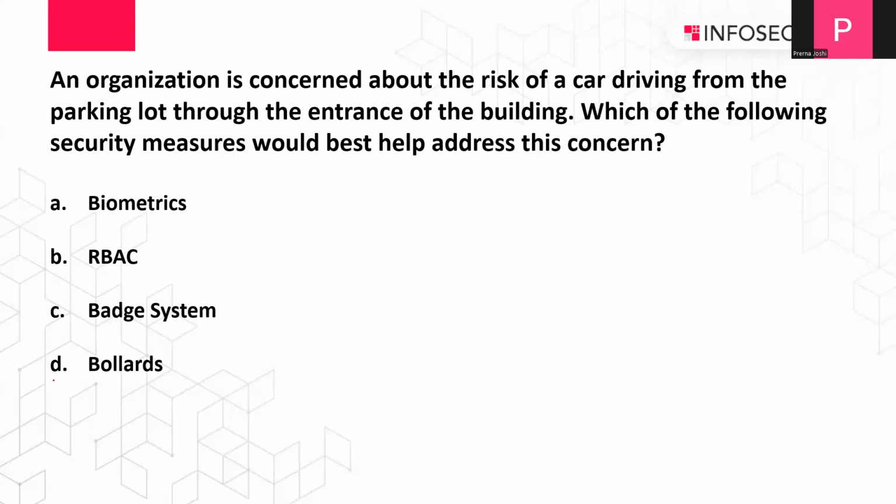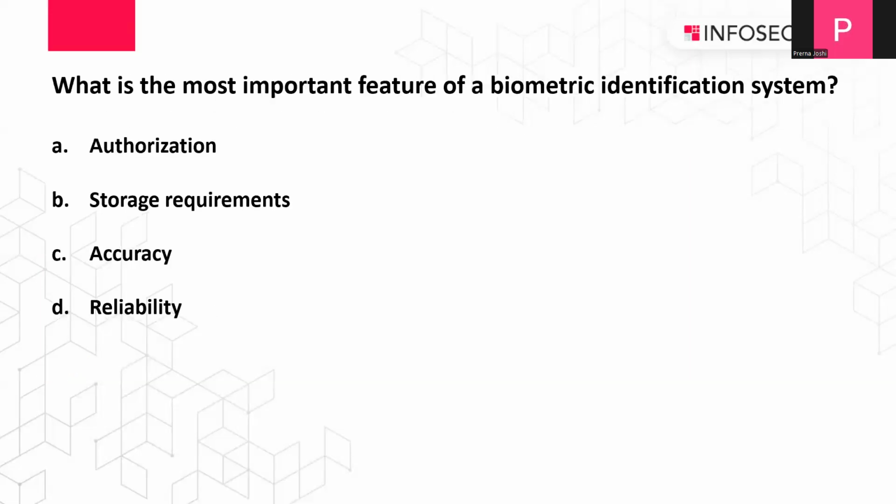The correct answer is bollards, because this is a physical security measure designed to prevent vehicles from entering restricted areas, like a building entrance. The correct answer is option D. They act like a barrier to protect against vehicle-based threats. Now let's move to the next question.